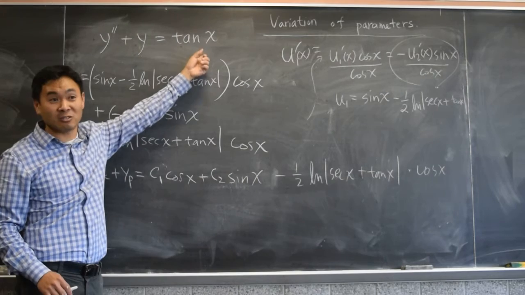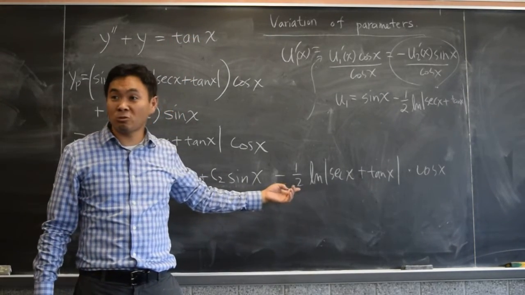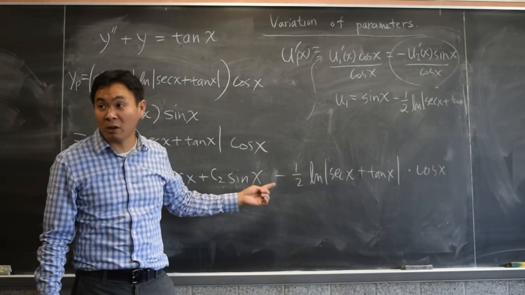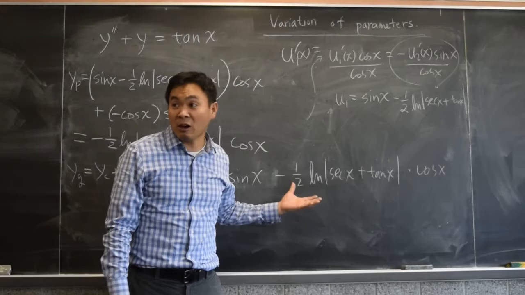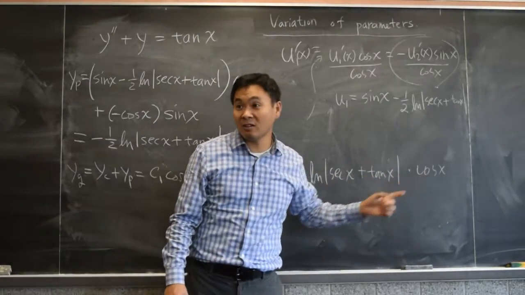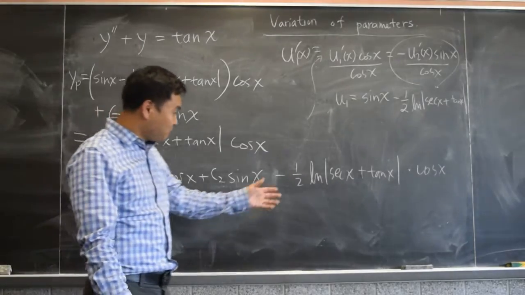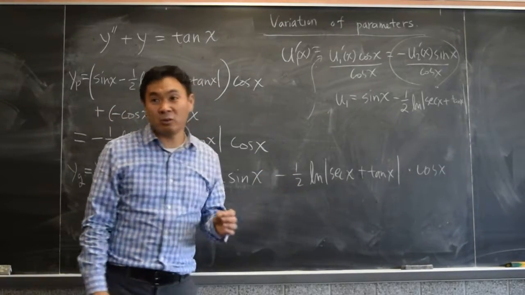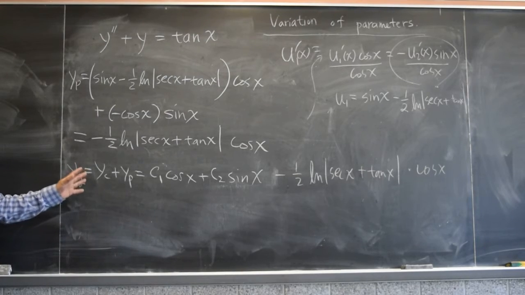If you were just trying to guess the particular solution by pure luck, would you be able to think of this? That would be really, really hard. So although it was very long and hard, it really was worth it. This is how you get the answer.